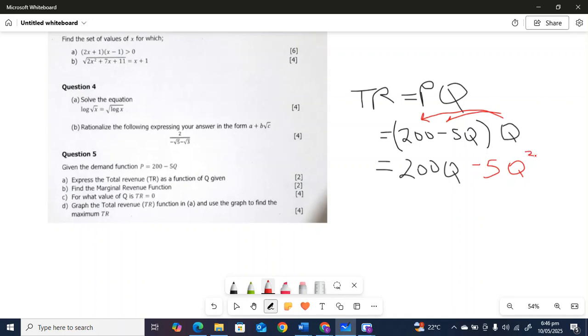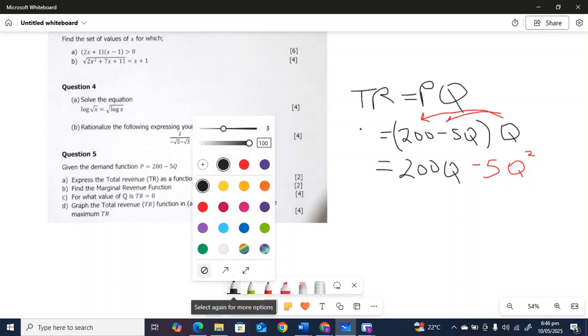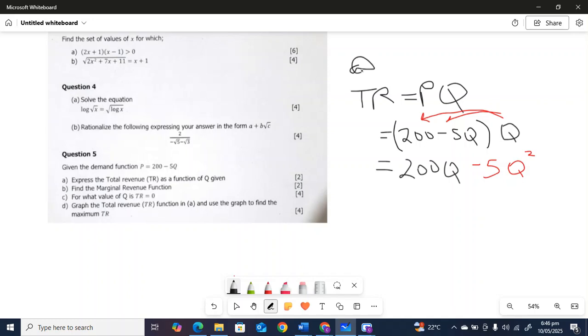So this is our total revenue function, 200Q minus 5Q squared. Any questions? At least these ones for total revenue functions, they are consumer friendly. Any questions?